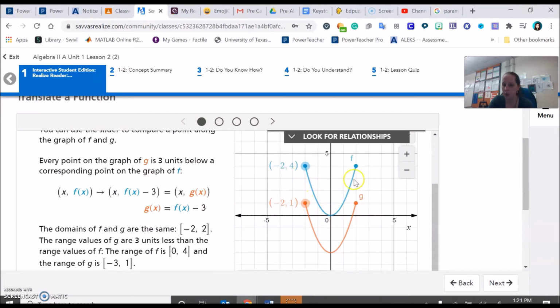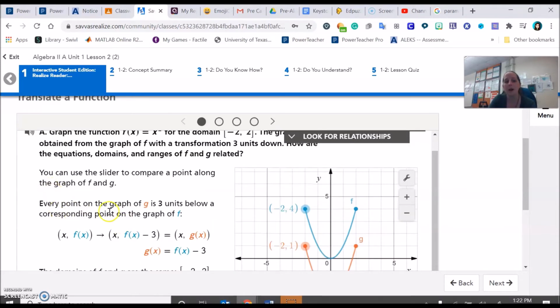So here's my original function from -2 to 2, so that's why the dots are here, and all I did with g was move it down 3. So you can see at -2, I had the point (-2, 4). From this point, I went down 3, 1, 2, 3, and that's how I got my new point. On this side, I went down 3. On this side, from the bottom, I went down 3 as well.